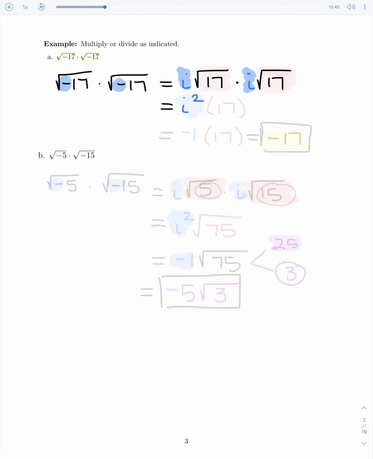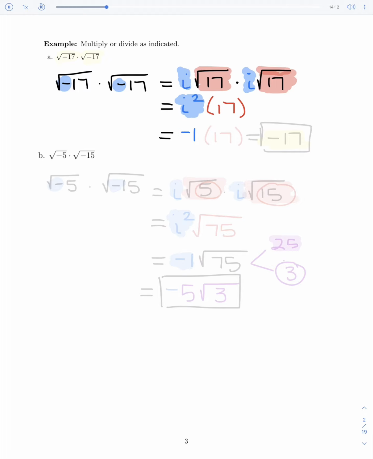And we also have a square root of 17 times another square root of 17. Remember, when we have two identical square roots, the square roots just fall away and leave us the number underneath, the 17. So now I can focus on the i squared and replace it with, remember, a negative 1.